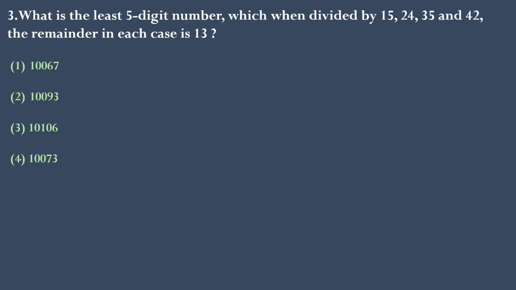Next, see the question here. What is the least 5-digit number which when divided by 15, 24, 35 and 42, the remainder in each case is 13? For these types of problems, first of all you need to find the LCM of the given numbers.